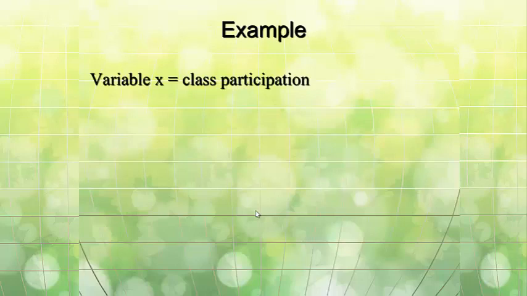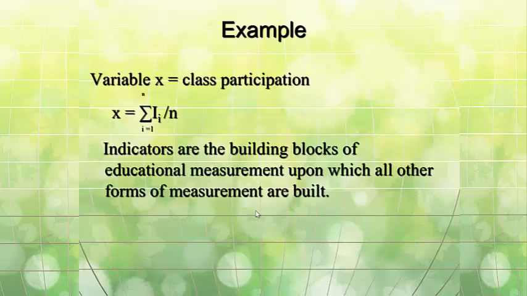For the variable X, class participation, we can let I1, I2, I3 and so on, until all of the indicators of variable X are listed, which denote the participation of a student in class recitation. Variable X is equal to the summation of I from 1 going to N, divided by N. N is the number of cases.